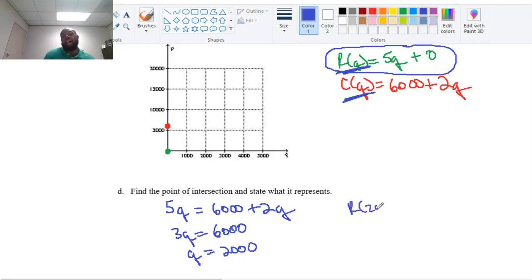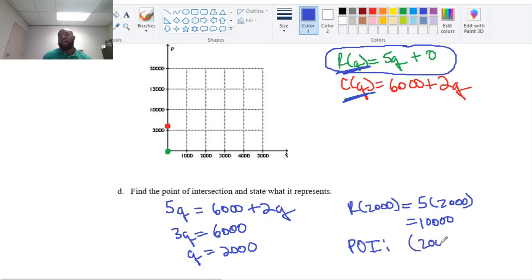So I plug in 2,000 for Q, and I get 10,000, right? So I get the point of intersection, POI, as the point (2,000, 10,000). And so if I go to my graph, go to the right 2,000 and up 10,000, I know that both of these lines pass through that point.